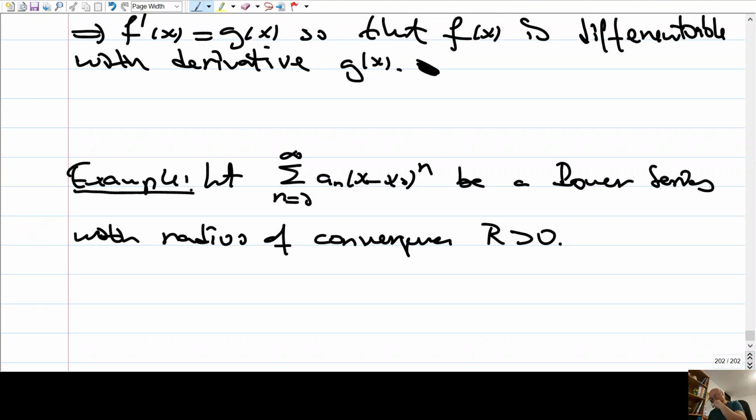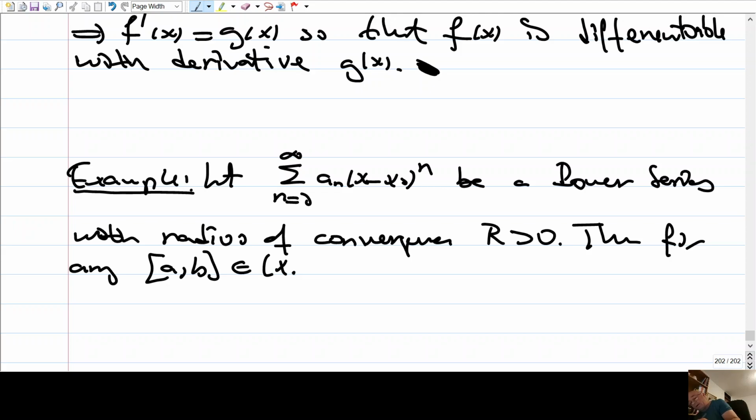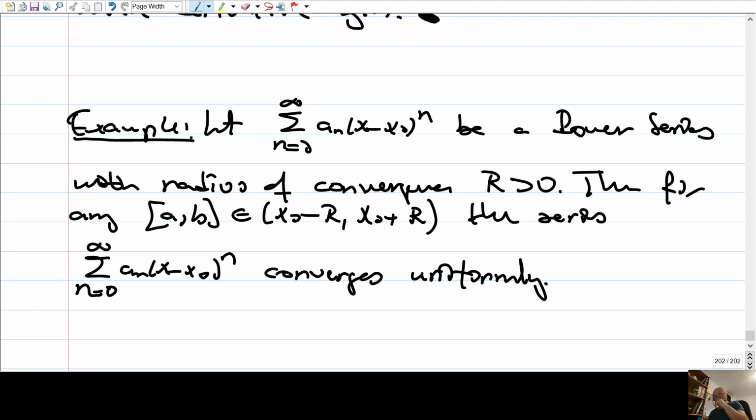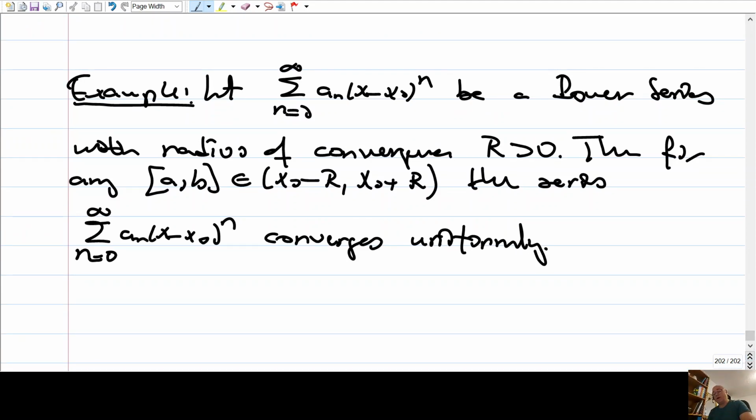Then for any a, b contained in this interval (x0 minus r, x0 plus r), the series converges uniformly. Okay. We proved this using the Weierstrass M-test.